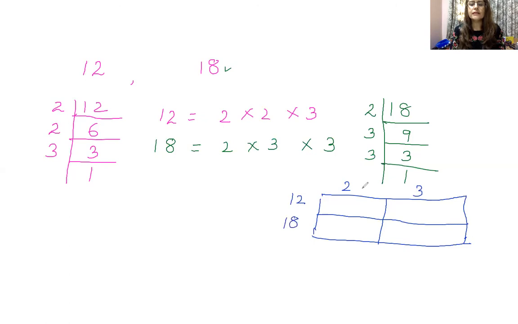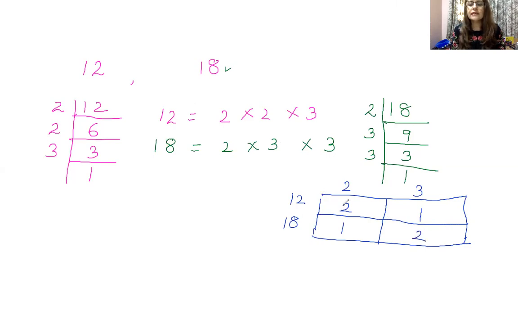Now we will see how many times 2 is repeated in case of 12. 2 times, so we will write 2 here, because 2 is repeated 2 times and 3 is repeated 1 time. In case of 18, 2 is repeated 1 time and 3 is repeated 2 times.